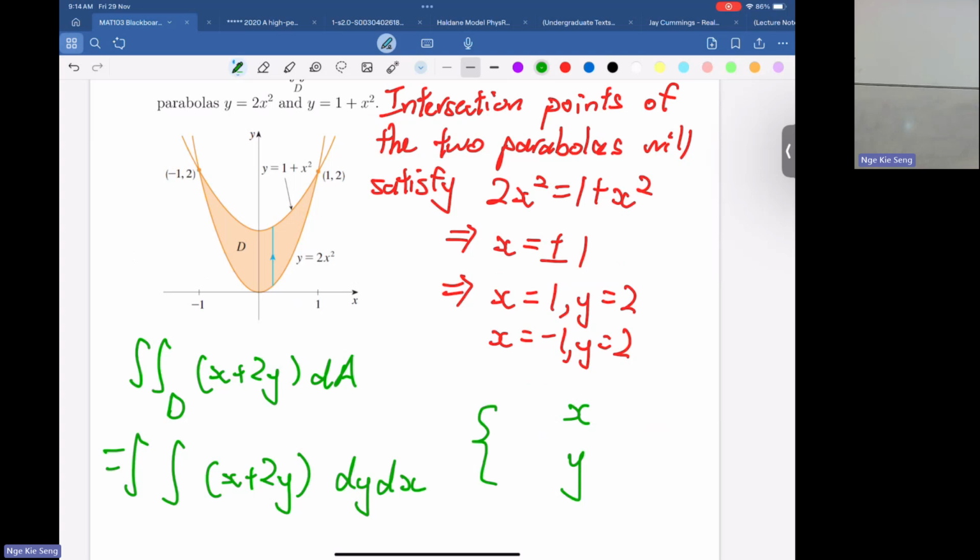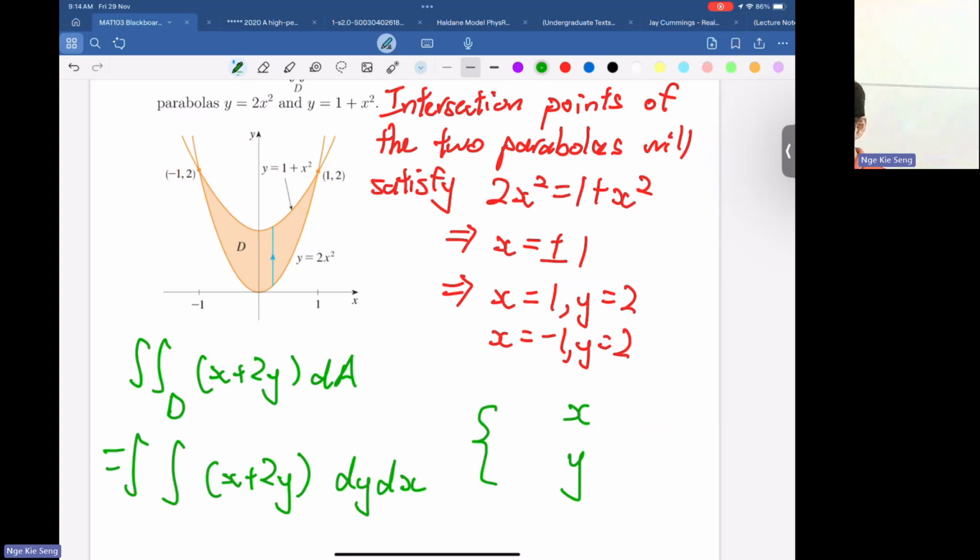Although our integration is done from inside to outside, in this case you need to fix your x with a constant first to make sure that what you compute here is left with a number. If you have a function left with the outermost integration, then you will possibly come up with a non-number answer. Since we do dy first, we need to fix our x domain first.